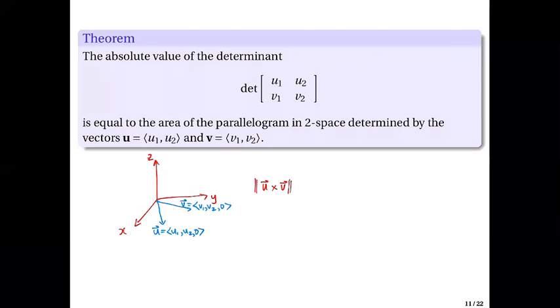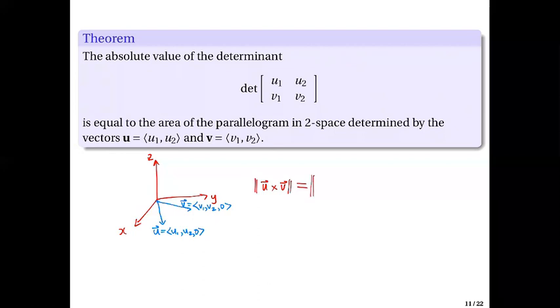That's the area of the parallelogram in three space. But how do we get the cross product from u and v?